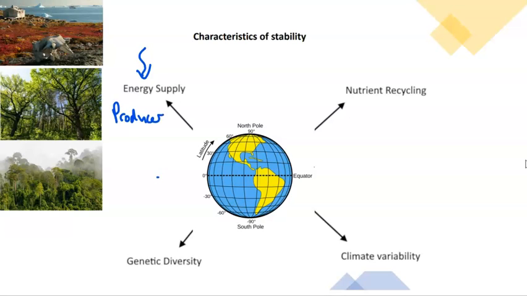And of course, at the equatorial regions, the intensity of solar radiation is high, whereas at the poles it's low. As a consequence, this means that net primary production is high at the equator but low at the poles.